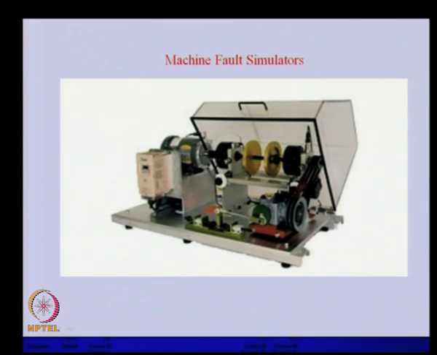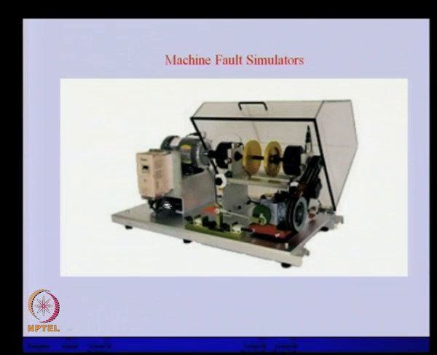So, various kinds of machine components we can design and fabricate, and if you want to see the signature analysis of various kinds of faults, we can introduce them in this and capture them in isolation of other kinds of faults, so that we can study a particular fault more deeply, even various kinds of faults in the motor, either a mechanical fault or an electrical fault of the motor, that we can study.